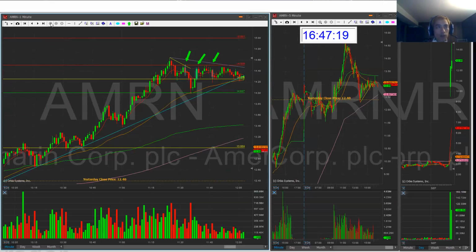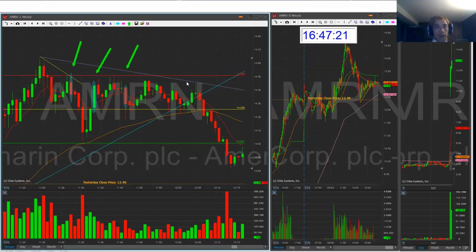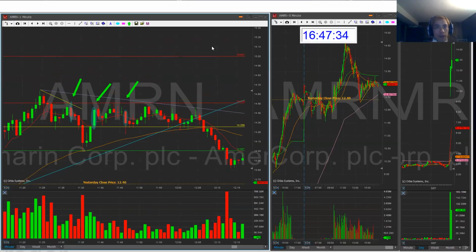Okay, so I'm going to zoom in. And the reason why I took this short here at this candle is because I saw how this 1450s was topping out, and my risk was basically 1450s.